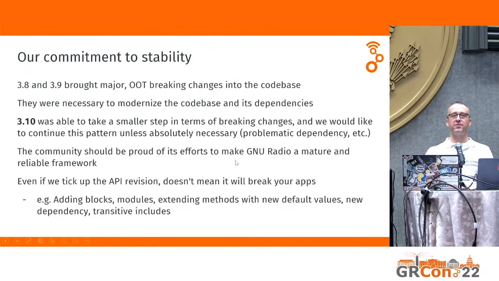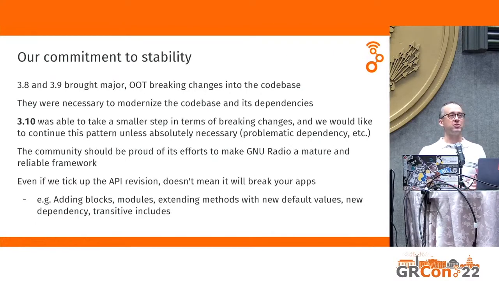So just to reiterate our commitment to stability as the maintainers: we want to avoid as long as possible the frustration that came with 3.8 and 3.9. Now, we recognize that that frustration was necessary. We needed to modernize the code base in these ways.